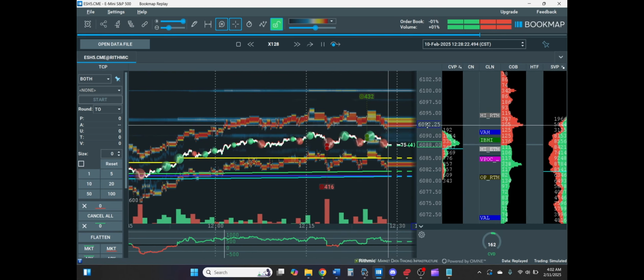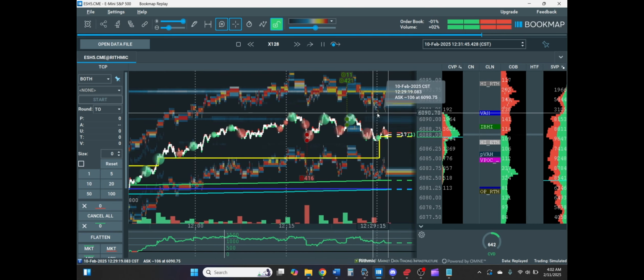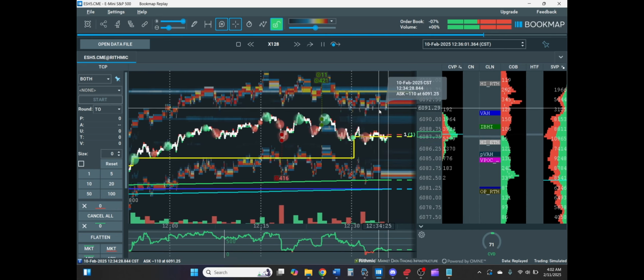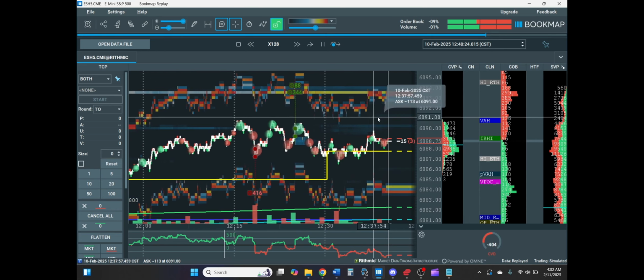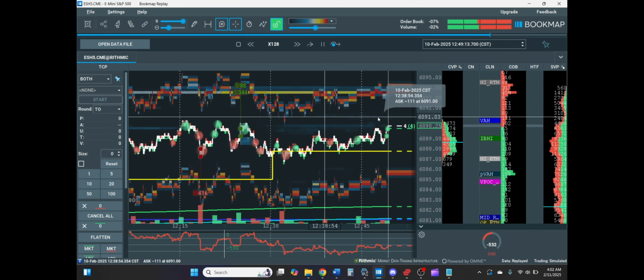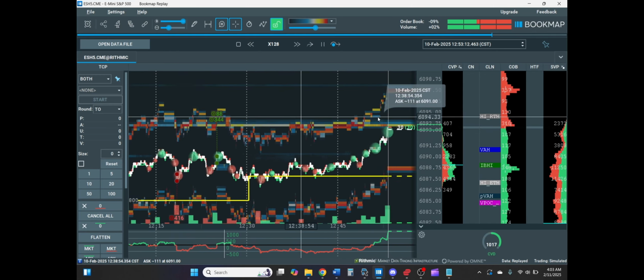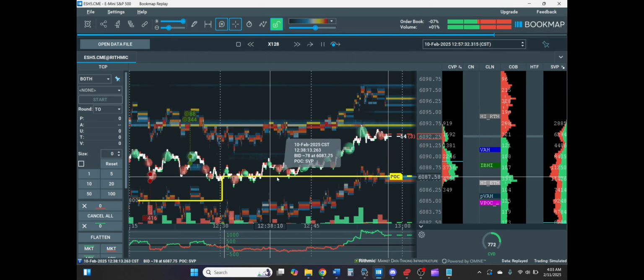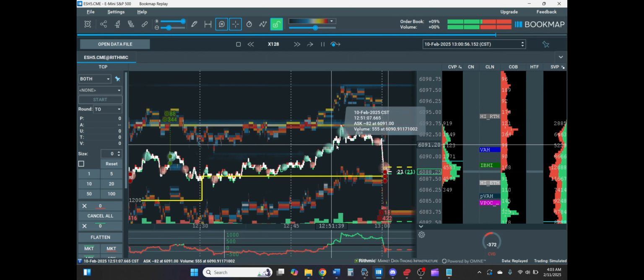So multiple tests on it. Actually, didn't quite get there, did it? But with that VPOC migration, I wouldn't have taken it. Its range really isn't there.